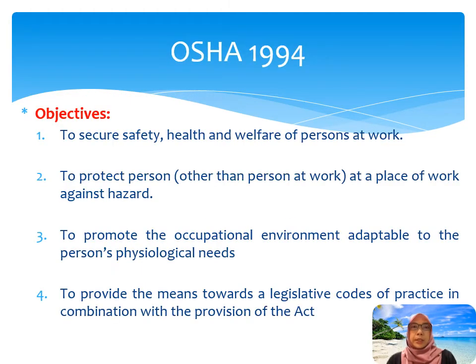The objectives of OSHA 1994 are to secure the safety, health and welfare of persons at work, to protect persons other than persons at work against hazards at a place of work, to promote an occupational environment adaptable to the person's physiological needs, and to provide the means towards legislative codes of practice in combination with the provisions of the Act.